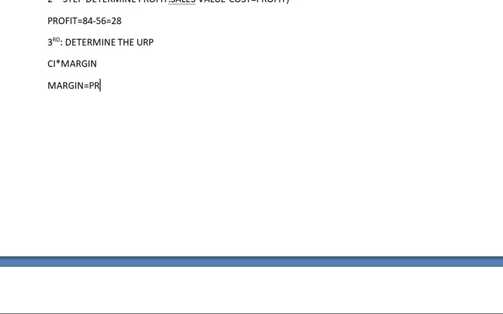So that will be equal to 28 divided by 84. And so that will be equal to what? Let's check. 28 divided by 84. Please press your calculator. And that will be 0.33 as it were.